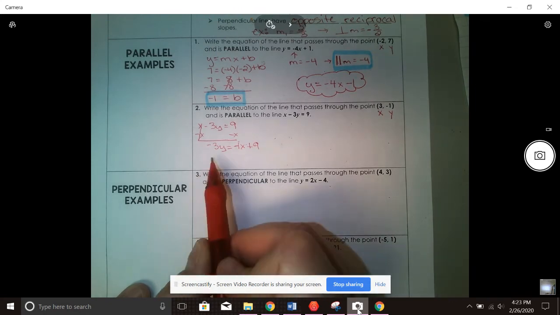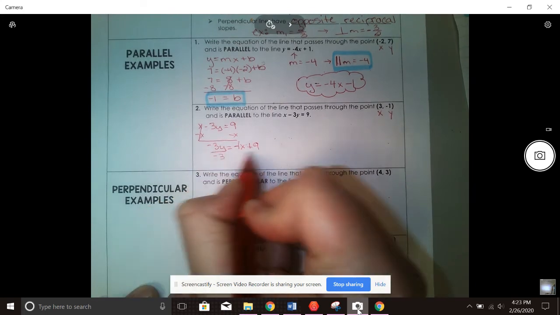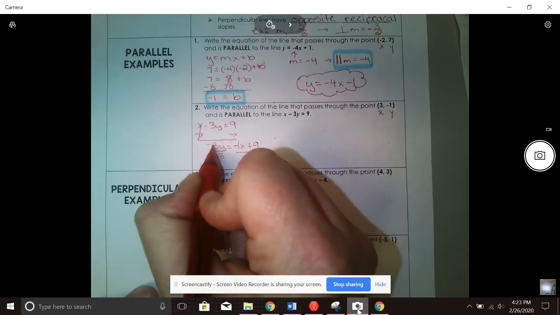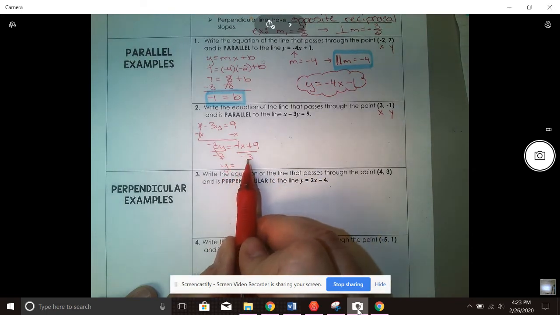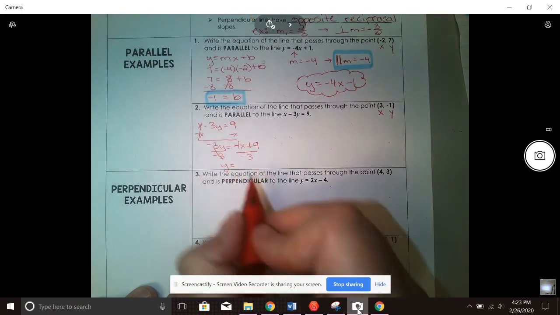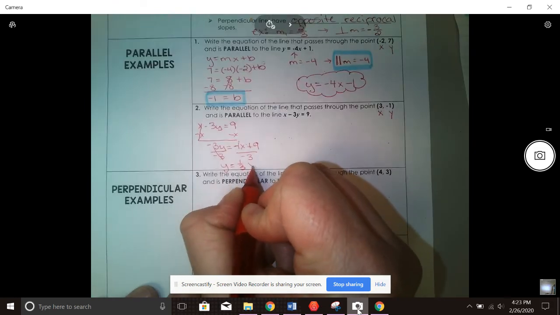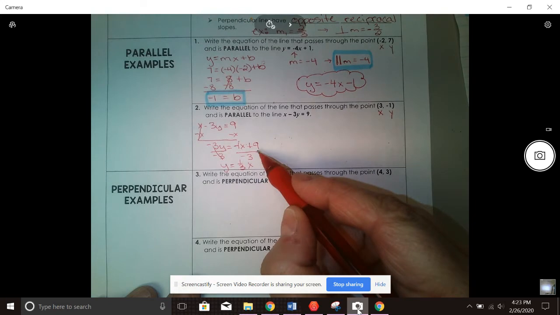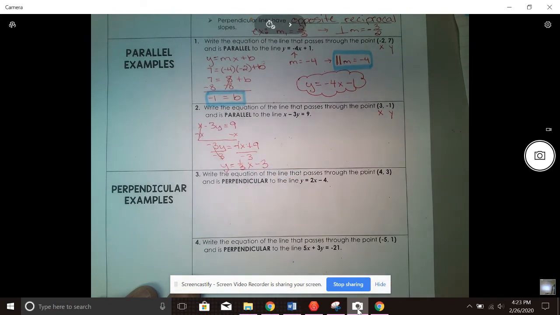Now I need to get rid of this -3 that's attached to the y value. That's a multiplier, so I'm going to divide by -3. Y equals -1 divided by -3 is going to reduce to positive 1/3 x. And then 9 divided by -3 is -3.